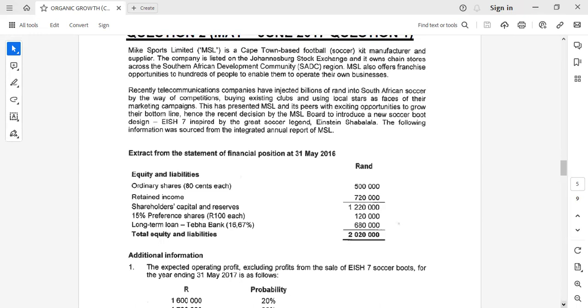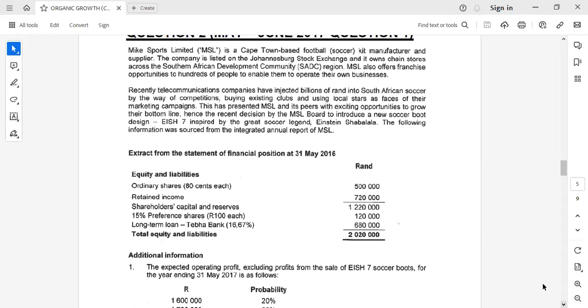Recently, telecommunications companies have injected billions of rands into South African soccer by way of competitions, buying existing clubs and using local stars as faces of their marketing campaigns. This has presented MSL and its peers with exciting opportunities to grow their bottom line. Hence, the recent decision by the MSL board to introduce a new soccer boot design, H7, inspired by the great soccer legend Einstein Shabalala. The following information was sourced from the integrated annual report of MSL.